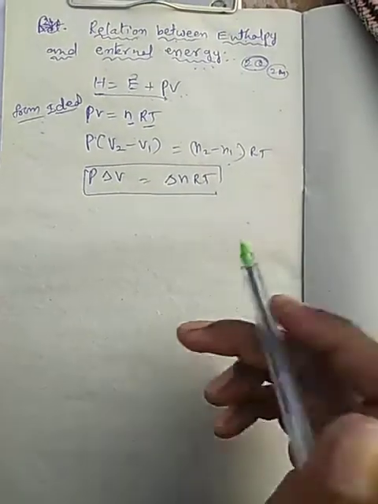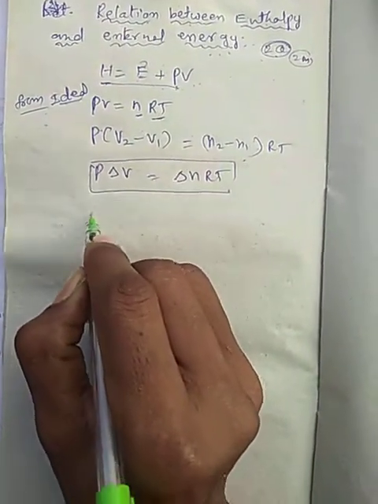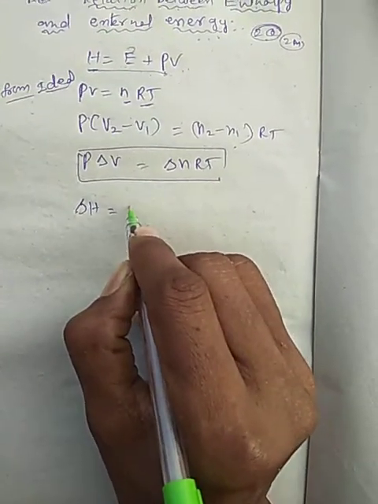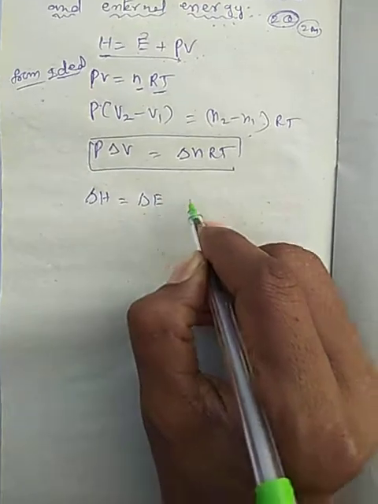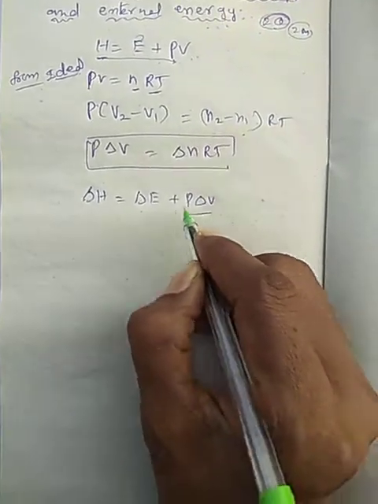Now we know the formula: change in enthalpy, delta H, is equal to delta E plus P delta V. Now P delta V is equal to what?